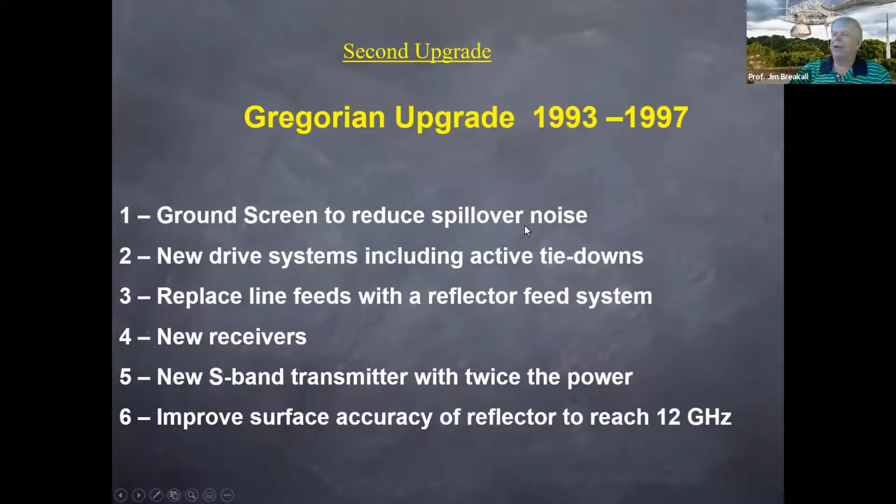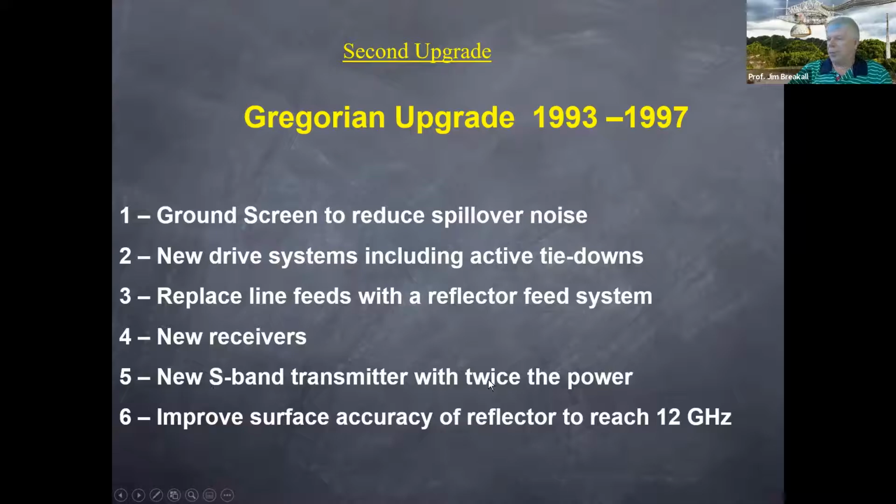There was also a big screen put around the whole dish to get rid of interference from noise that the ground has, and interfering signals. There were new motors put in. All these line feeds were replaced with this Gregorian, with new antennas, new receivers at very low temperature to reduce noise.